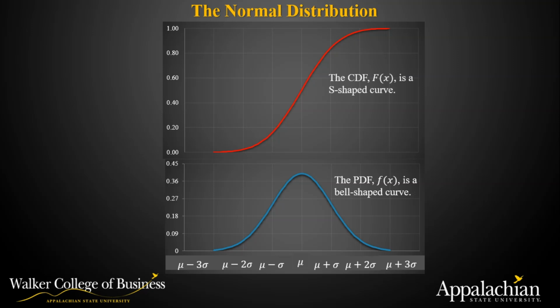The result is an S-shaped curve. Keep in mind that this distribution is symmetric, with 50% of the observations lying below the mean and 50% of the observations lying above the mean.